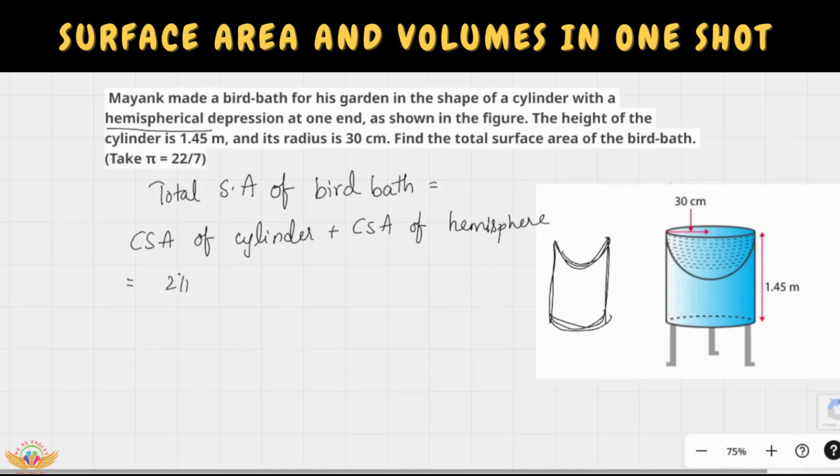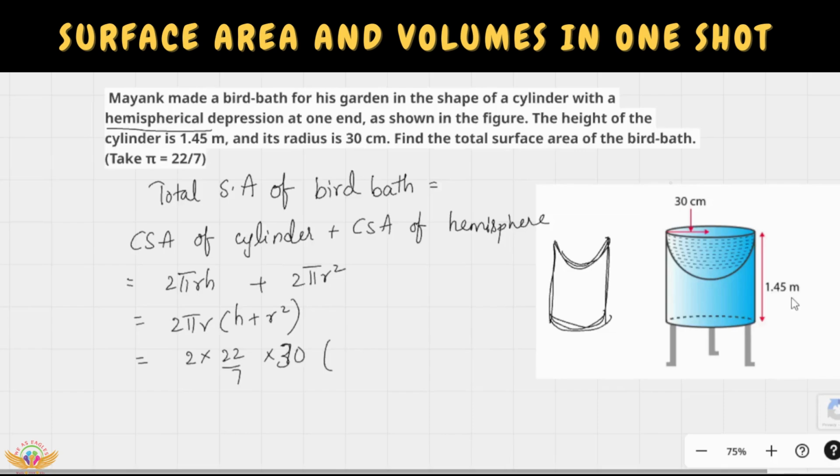We all know 2 pi r h plus 2 pi r square. Take 2 pi r common to make it simple: 2 pi r (h plus r). That is equal to 2 into 22 by 7. They gave the radius directly as 30, and h is 1.45 meters.